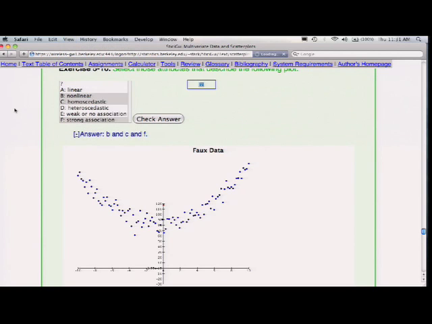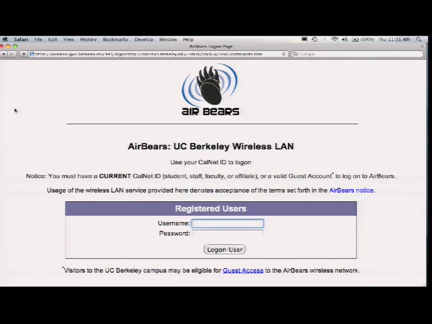Is there ever a time where you'll have a homoscedastic plot that is not a strong correlation? Sure. Yeah. So the question was, that's why it didn't light up. Hang on.